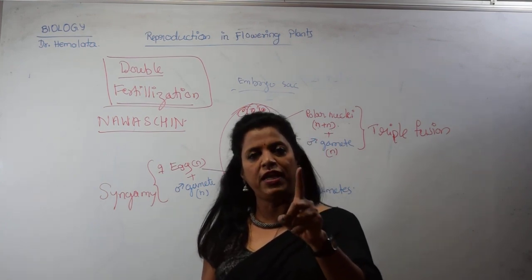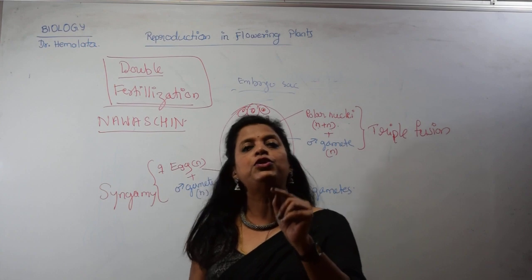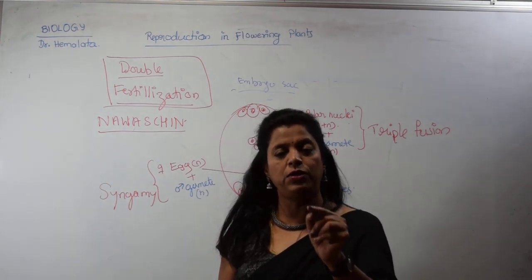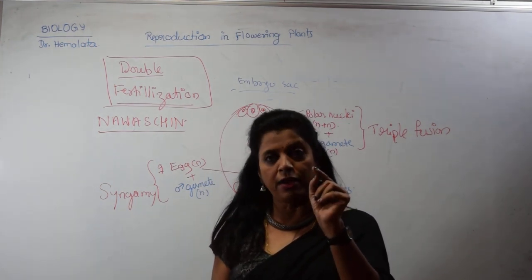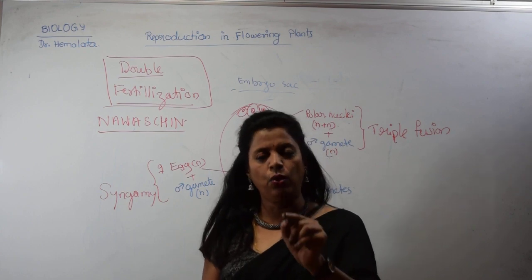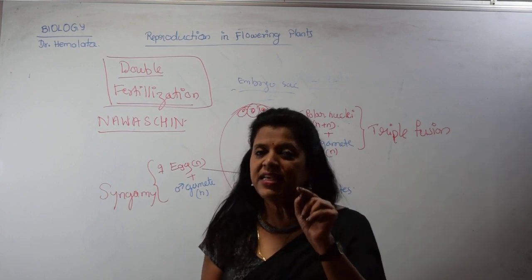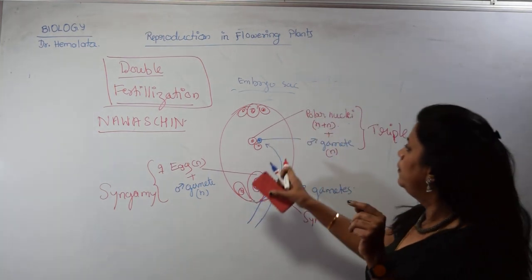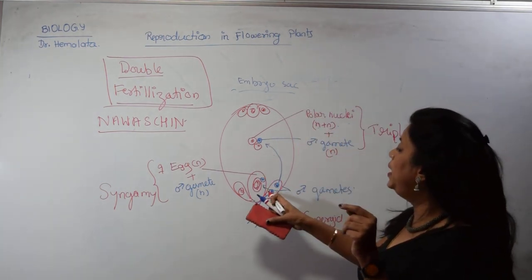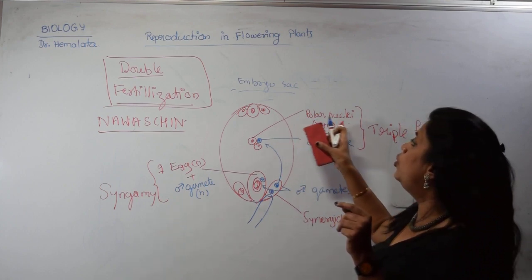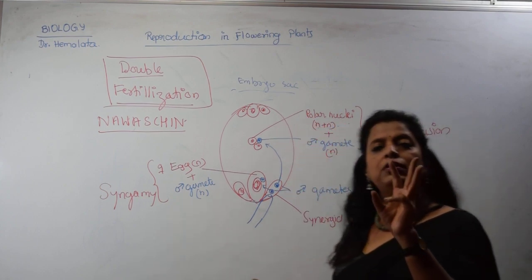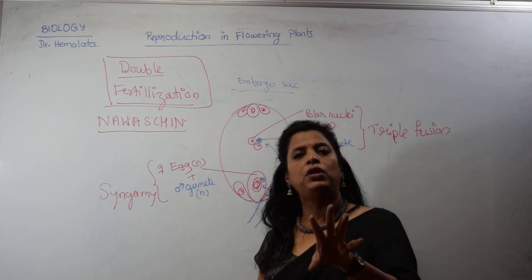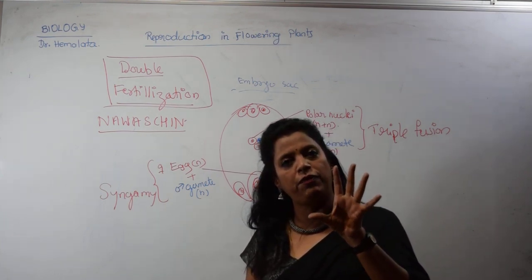First fertilization is the fertilization of one male gamete with the female gamete in the egg to produce the zygote, named syngamy. I have written here syngamy. Second is the union of one more male gamete with the two polar nuclei, forming three nuclei together. That is called triple fusion.